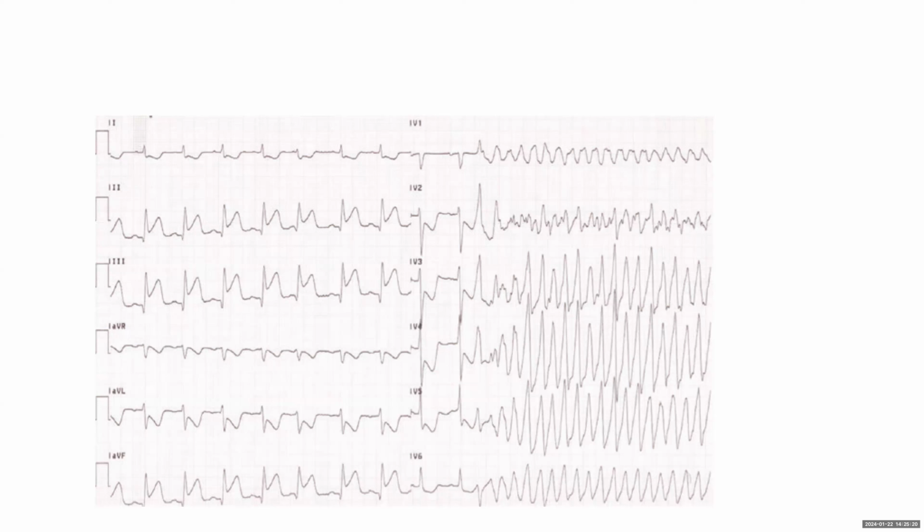Polymorphic VT could be due to long QT, so torsade, or ischemia. These are the two common causes. The way you differentiate between them: with torsade, usually you have PVC, pause, sinus, then a PVC inducing polymorphic VT. Whereas in ischemic polymorphic VT, you just have sinus, sinus, and then all of a sudden they go into polymorphic VT.